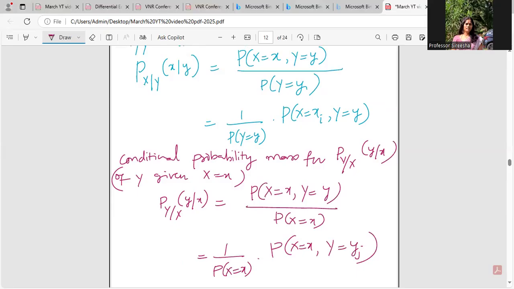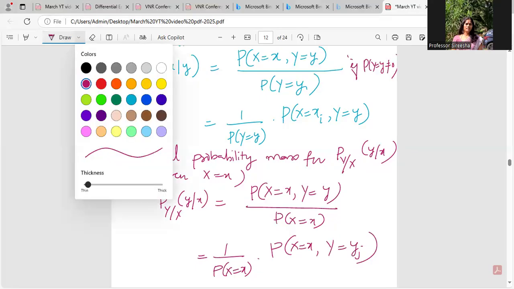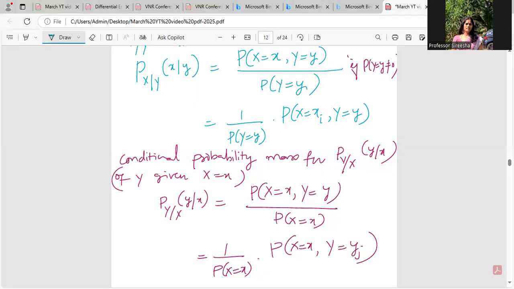Of course, the condition is the denominator should not be 0, guys. Here I should write if P of capital Y equals y is not equal to 0, and here P of capital X equals x is not equal to 0. Okay, given that.